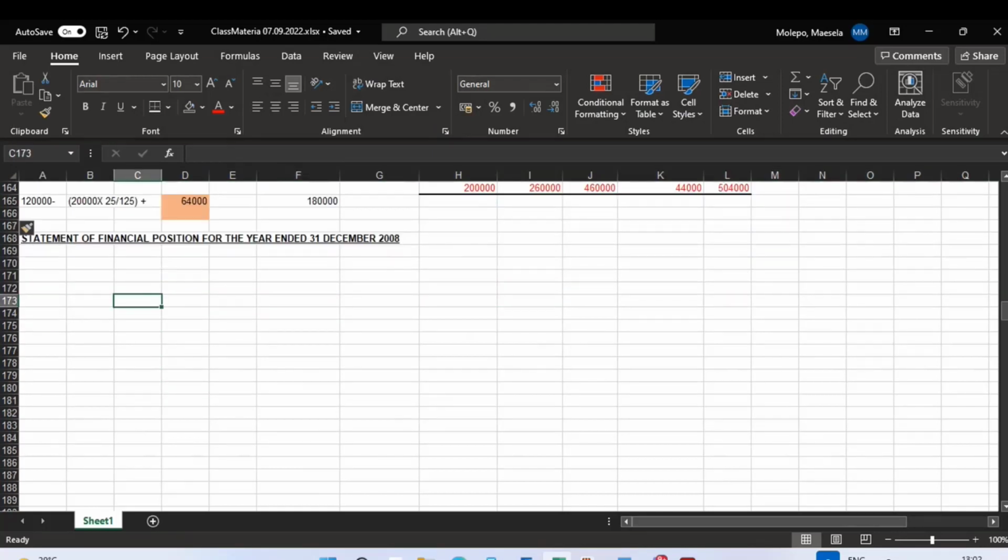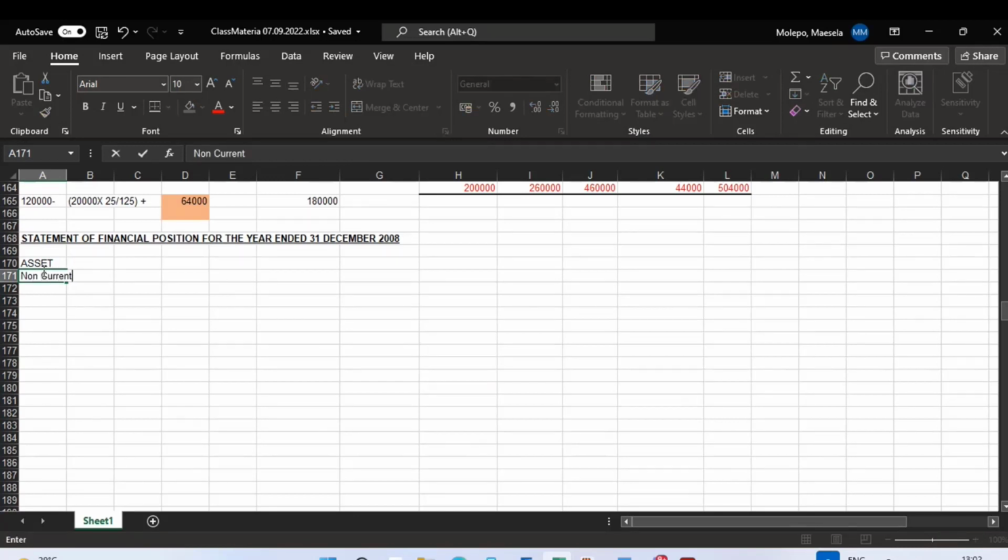So our asset section will be the PPE. So the PPE, the one for the parent, is how much? 200,000, sir.